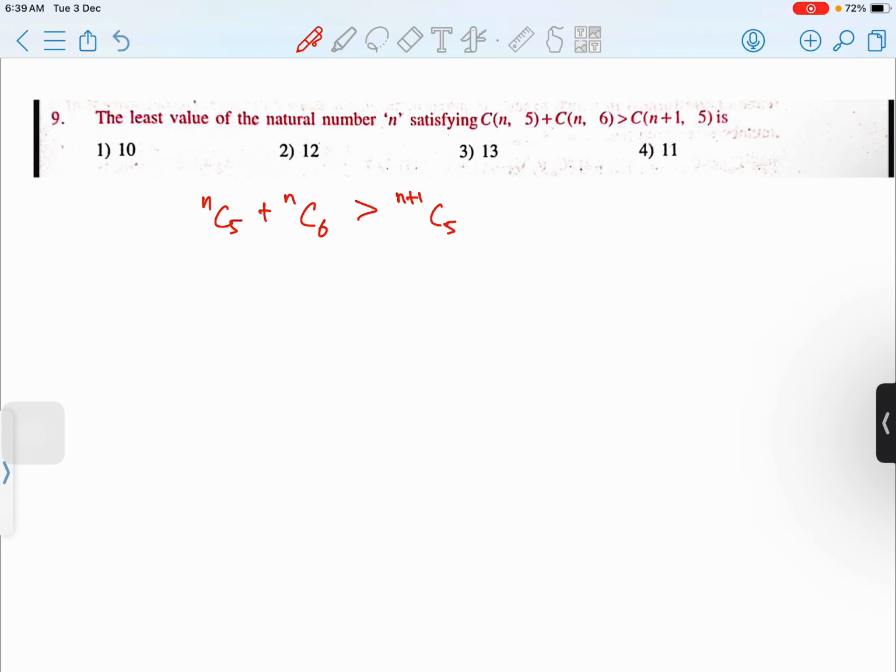So by using the formula nCr plus nC(r+1) equals n plus 1 C(r+1), n plus 1 C, the greater value among 5 and 6 is 6, equals n plus 1 C6. So now move everything to one side. So you will get n plus 1 C6 divided by n plus 1 C5 greater than or equal to 1.